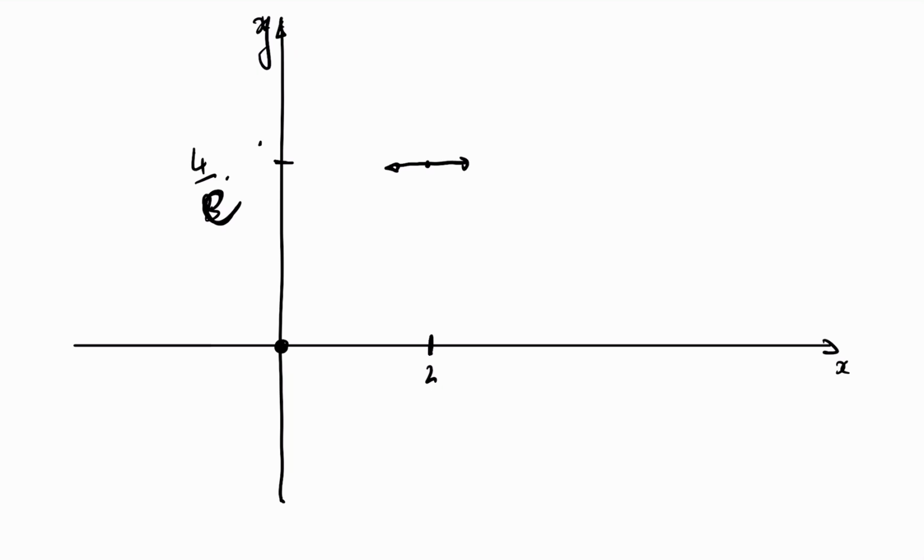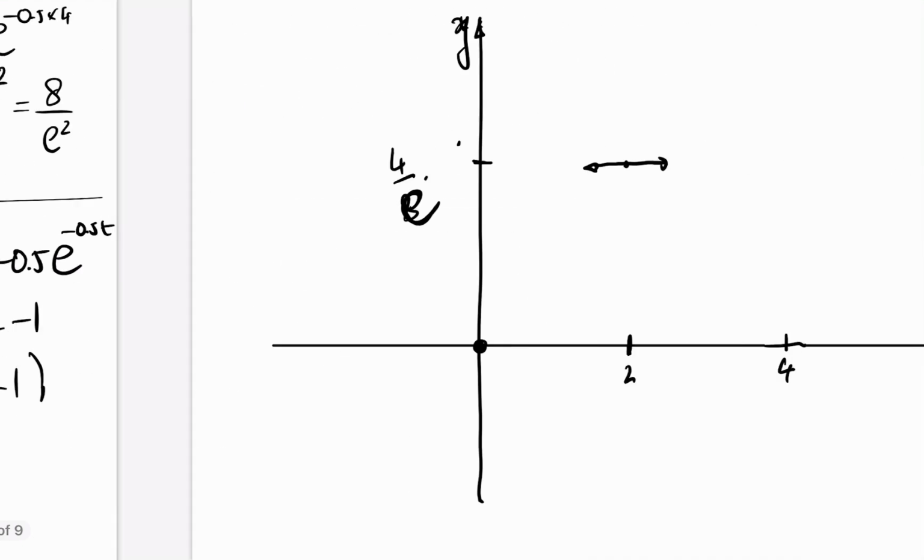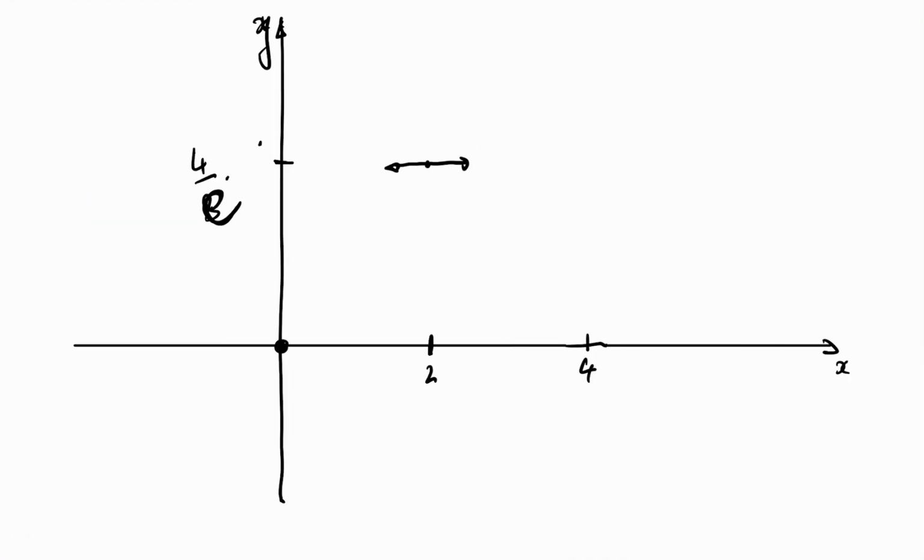And then we have an inflection point at 4, and what was the value? 8 over e squared. 8 divided by e squared is approximately 1. So it's around here. So here we have an inflection point, and we know also that it tends towards 0, so it looks like that.